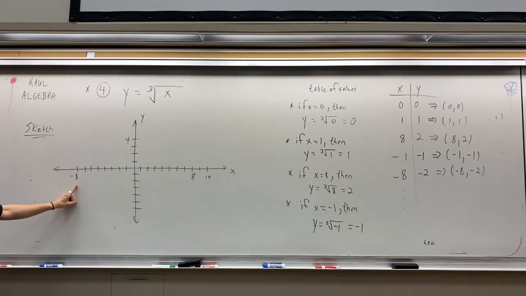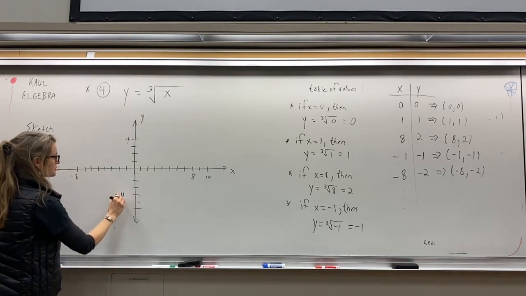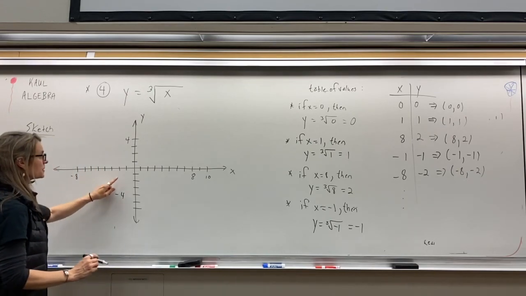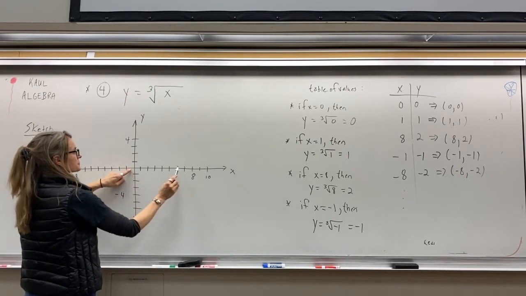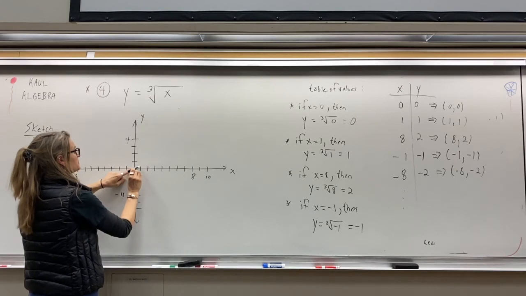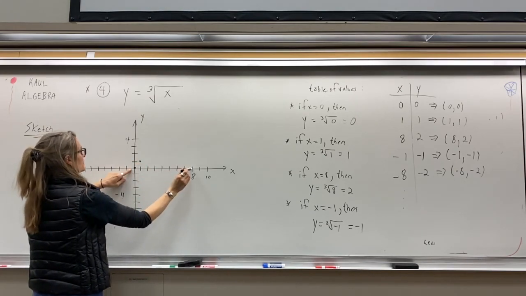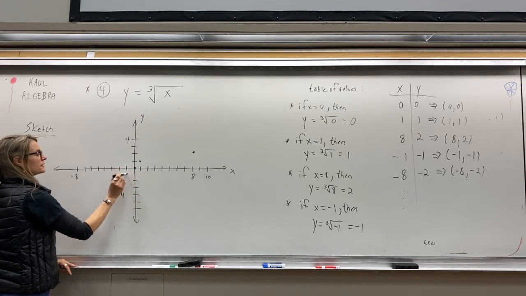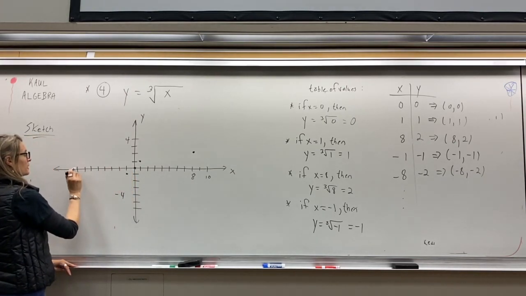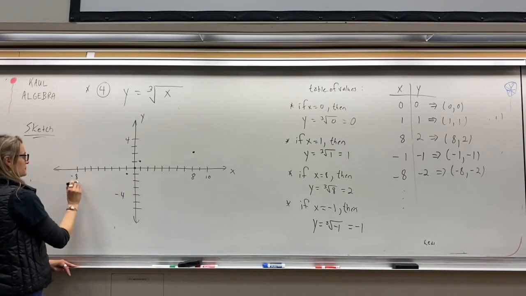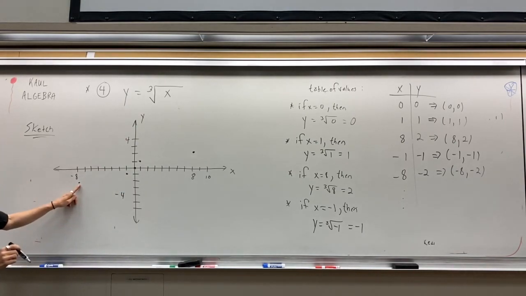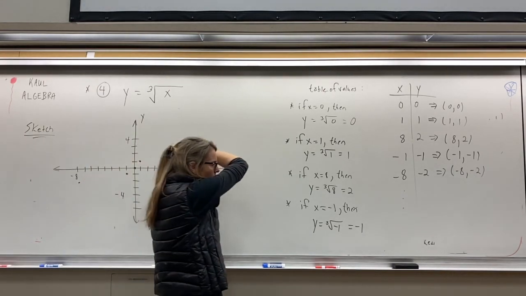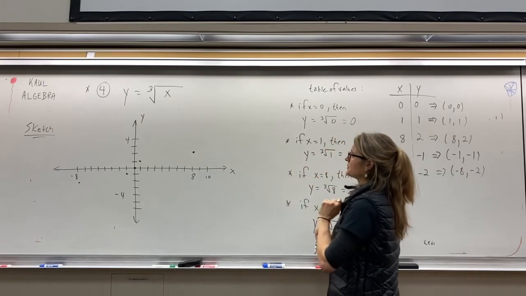So what I'm going to do now is plot the points. This should be enough to get the table of value points I have. So, let's see. I have (0, 0), (1, 1), (8, 2), (-1, -1), (-8, -2), and then the next one will be (-27, -3), and then (27, 3).